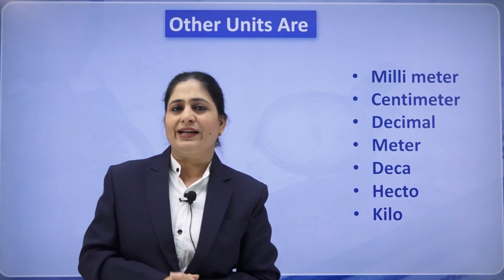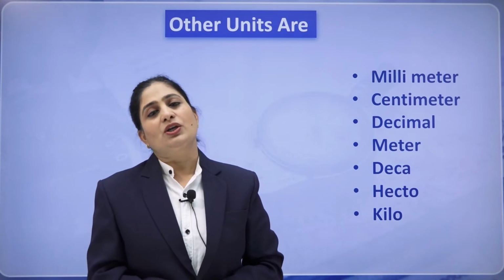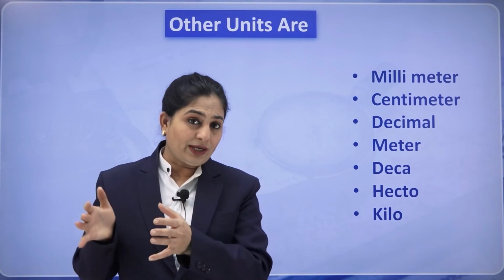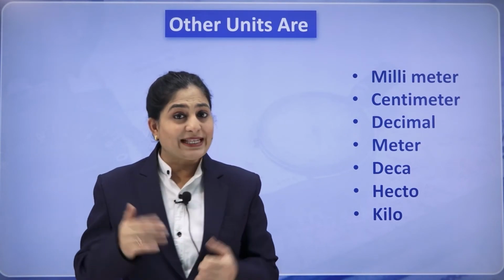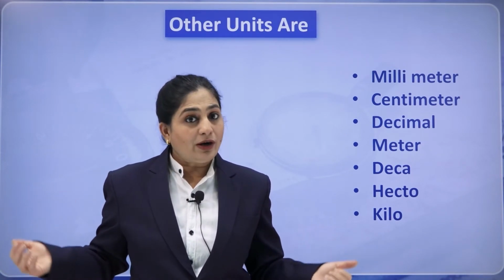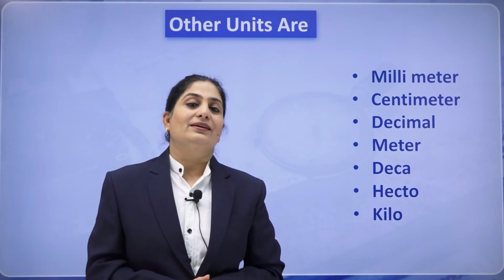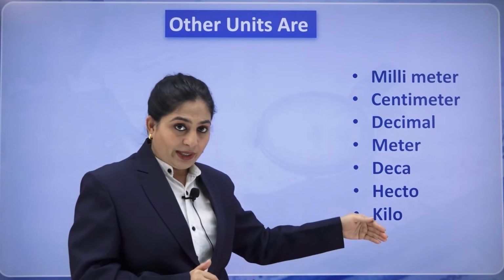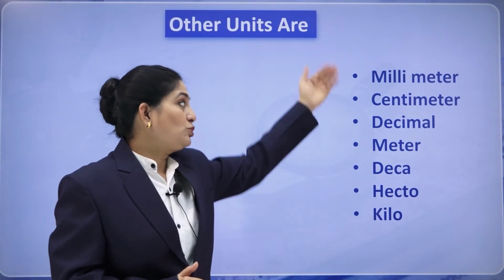So we generally write it as 280 kilometers. We have converted the meter into kilometer for our convenience, for ease of writing. Thus we can convert the meter into bigger units or smaller units as per our convenience.